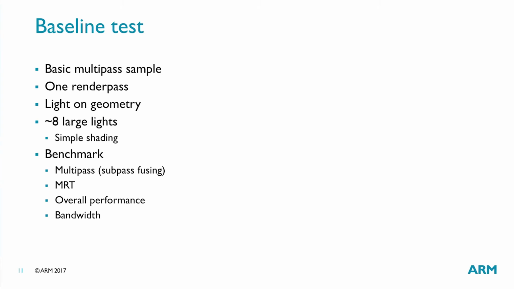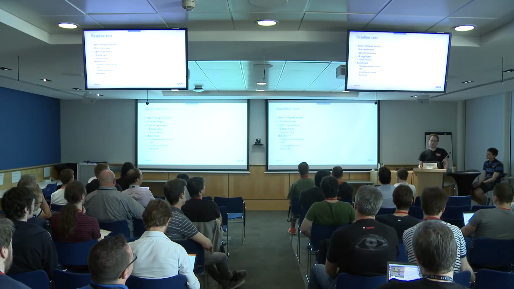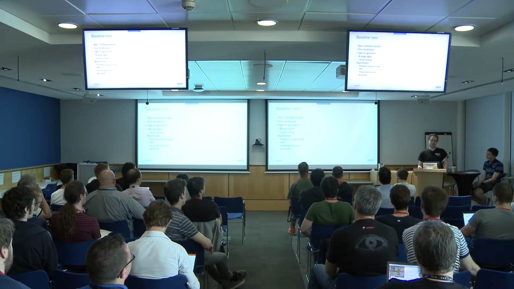So what we want to benchmark here is overall performance, of course. Ideally, we would like to see some improved real FPS, which is always nice. But the main thing we want to focus on is improved bandwidth, because bandwidth translates very directly to power and battery life on mobile, and we really want to reduce bandwidth. That's the main motivation.